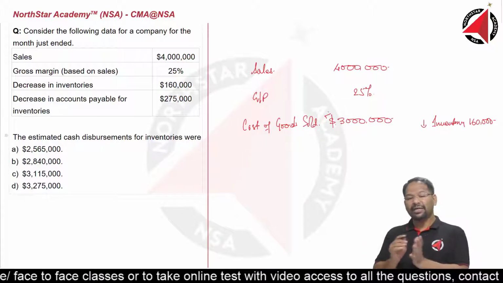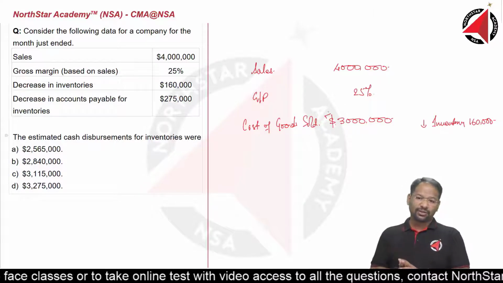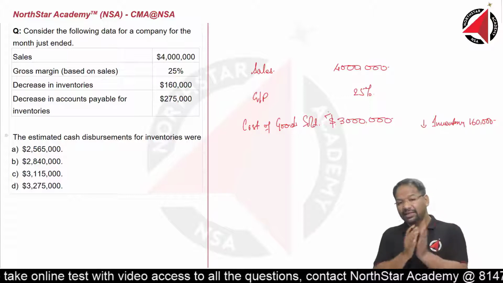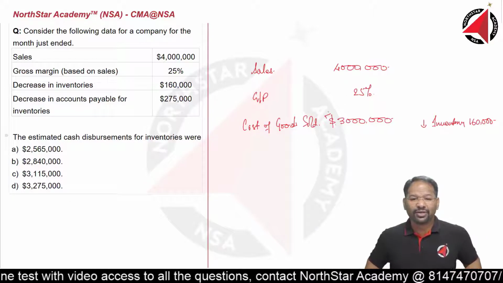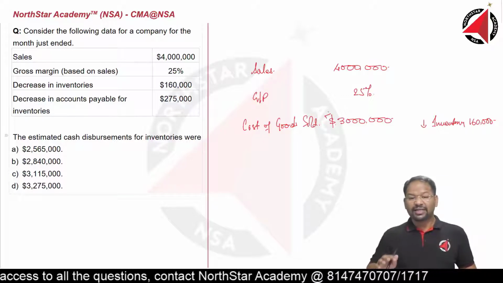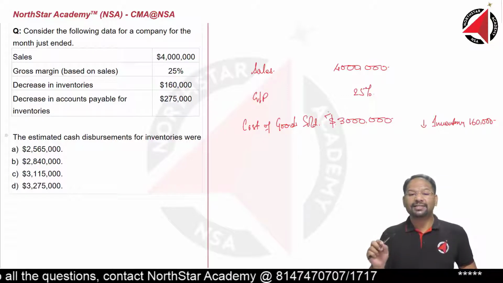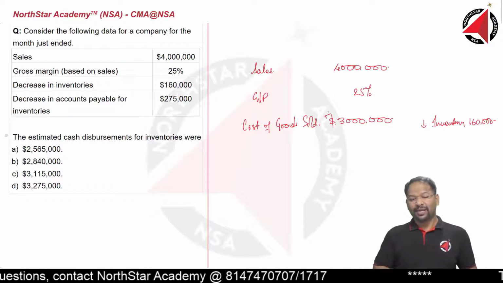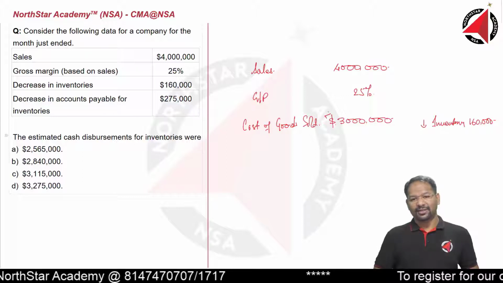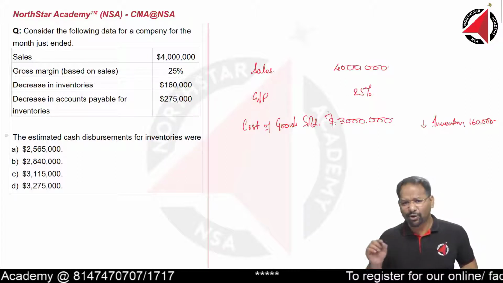For example, if my inventory was $200,000, and whatever we purchased was sold, then opening inventory and closing inventory will exactly tally. But here, closing inventory has fallen by $160,000. It means I have purchased $160,000 less.